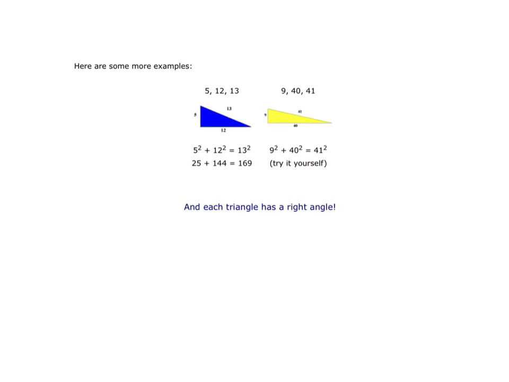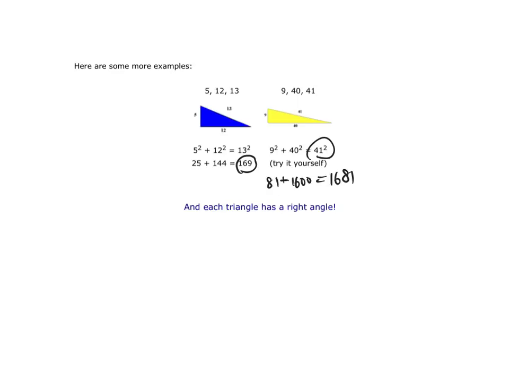Here are some other examples: 5, 12, and 13. 5 squared plus 12 squared is 25 plus 144, which comes out to be 169, and that happens to be 13 squared. And 9 squared plus 40 squared is 81 plus 1600, so you should have 1681. If you take the square root of that, that gives you 41.